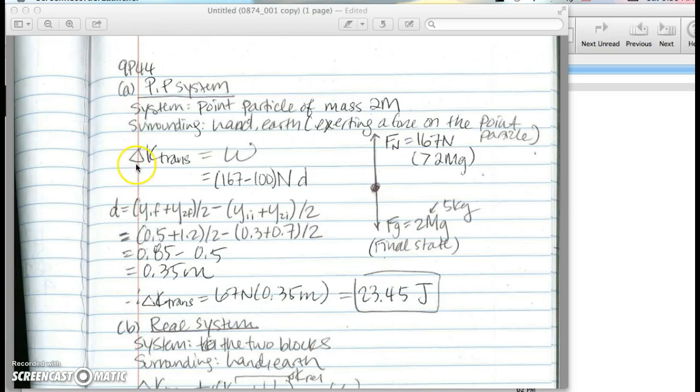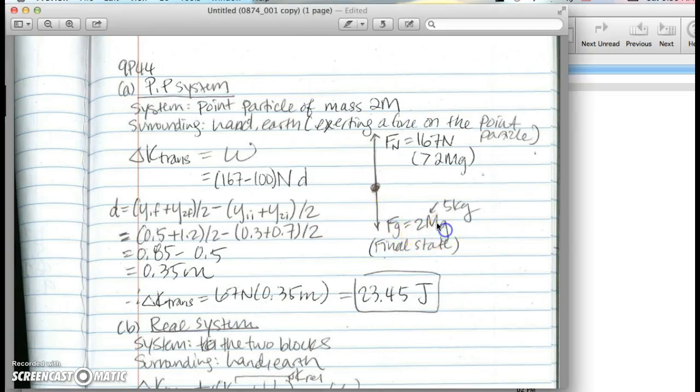So we could say that delta K trans equals the work that's been done on the point particle. If you look at this free body diagram, there is a gravitational force pulling it downward with the force of 2 mg, and then an Fn force pulling it upwards with 167 newtons, and it says in the question that it's bigger than 2 mg, so the arrow is bigger than the Fg.